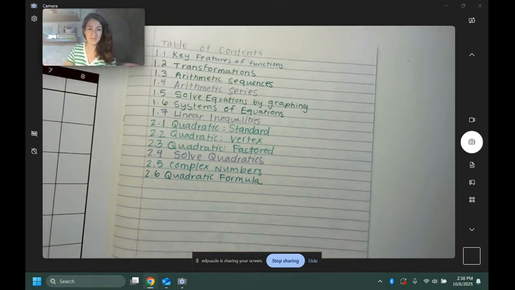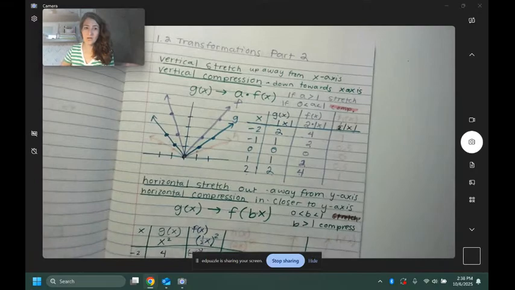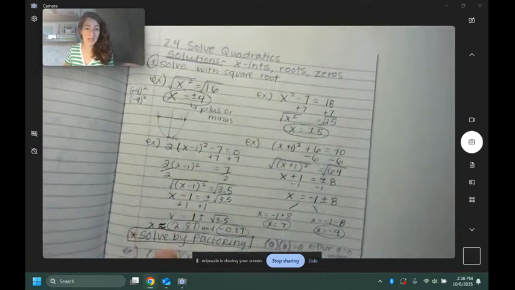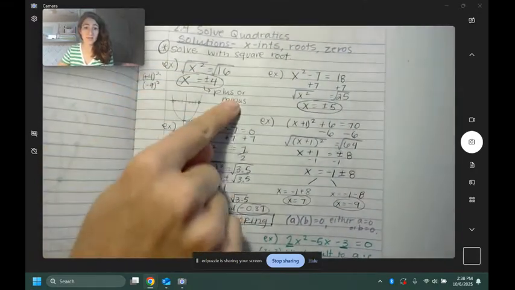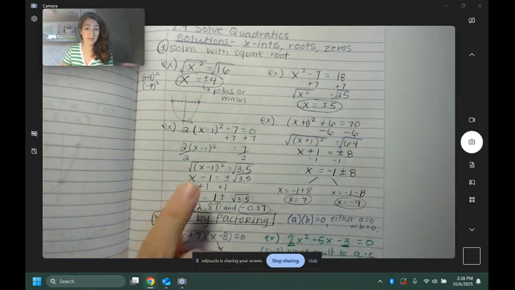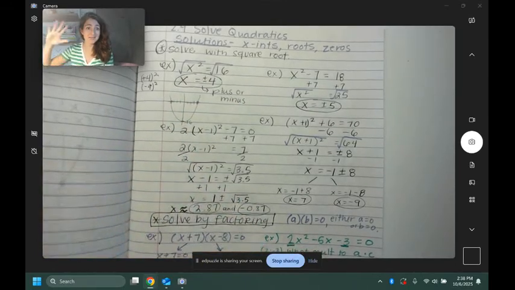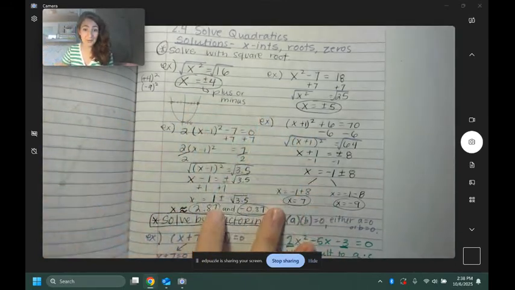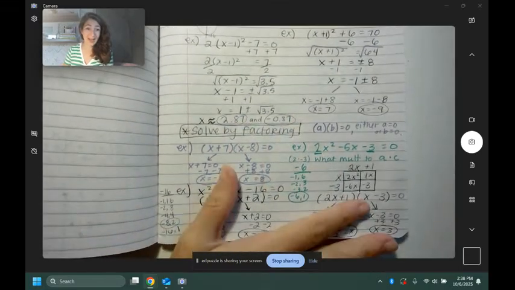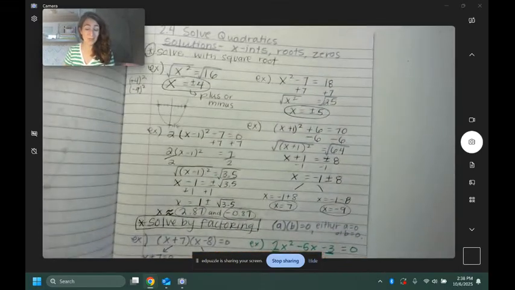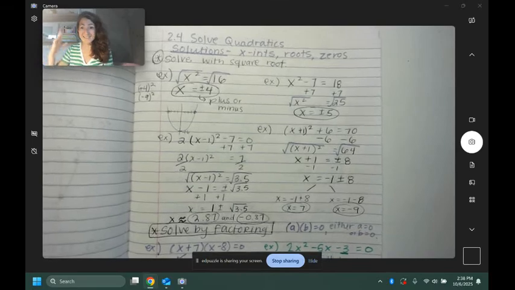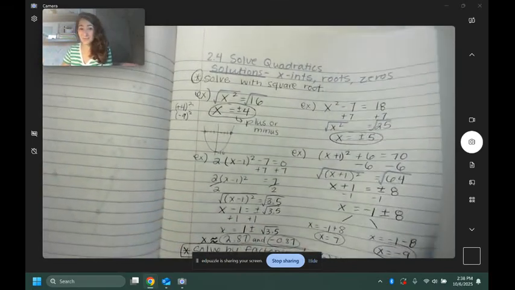It's a fun one. So, if you come up to a quadratic and you can't solve it just by getting x by itself, you can't solve with a root, it's not factorable, but your question says solve. The question says find your roots.